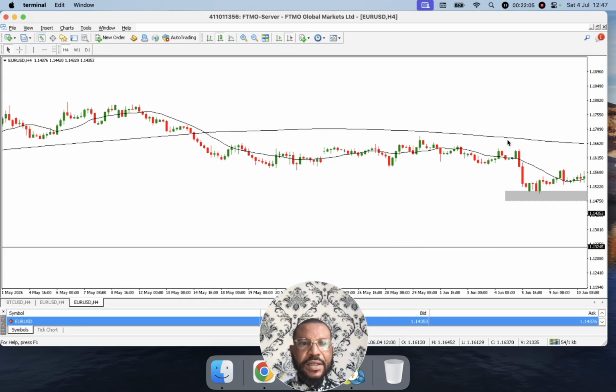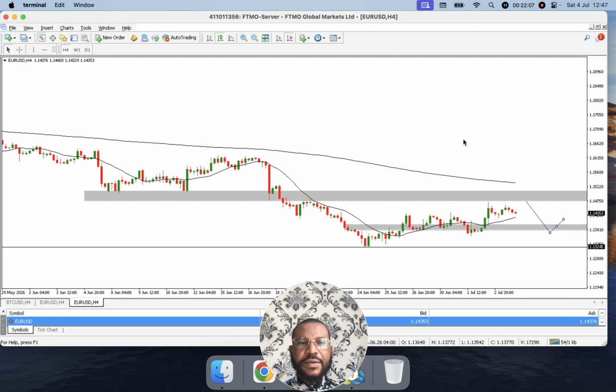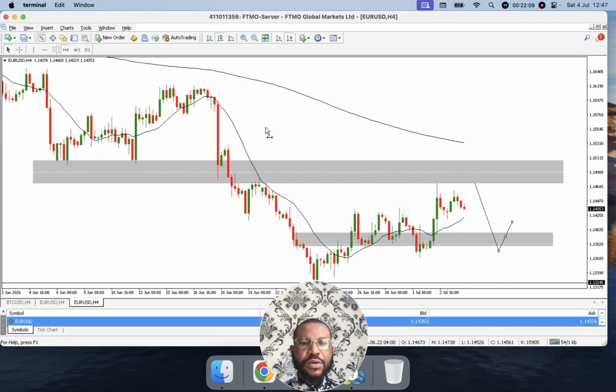And if I check, I think that level is actually a good support area. Just take all this. Cool. So you can see, I'll be waiting for the Euro USD to pull back into this area.